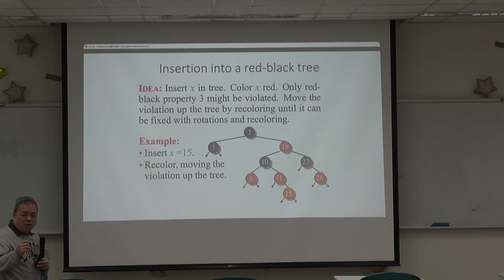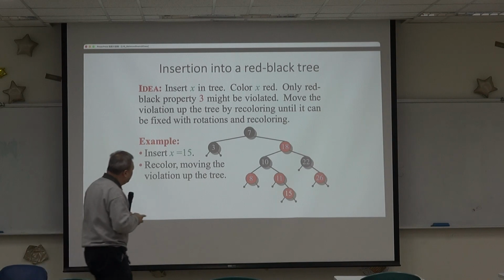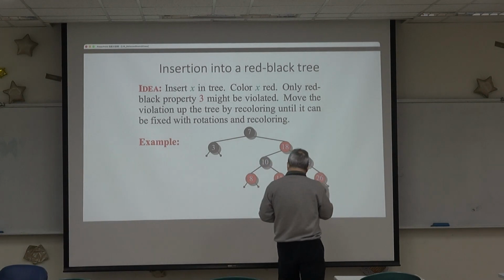And obviously, every time you insert a new node, the new node will end up at some leaf node, right? So we are going to mark this node red. Of course, before you insert this node, this is a black node.